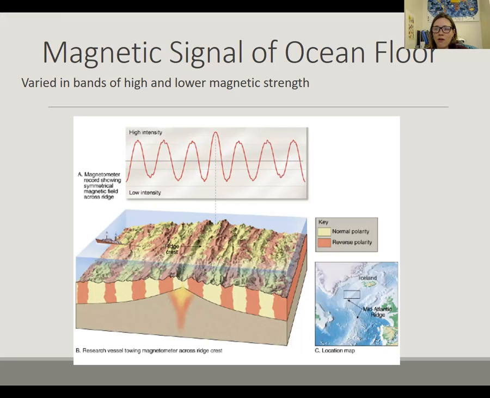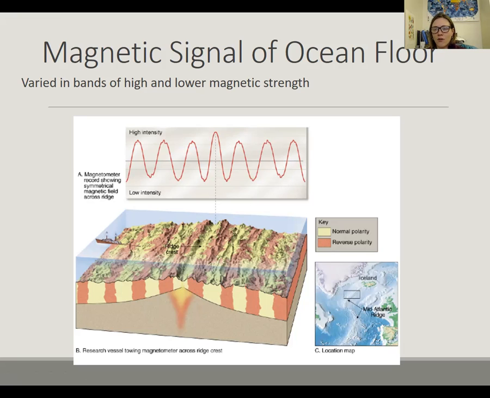And then on the other hand, if you're sitting over a rock that was formed during a period of reverse polarity, then the magnetic field is weaker because the magnetic field of the rock is counteracting the current polarity of the planet. So anyway, this is the pattern that exists within the oceans as the rocks that form are pulling away, and so they're spread out horizontally along the ocean floor.